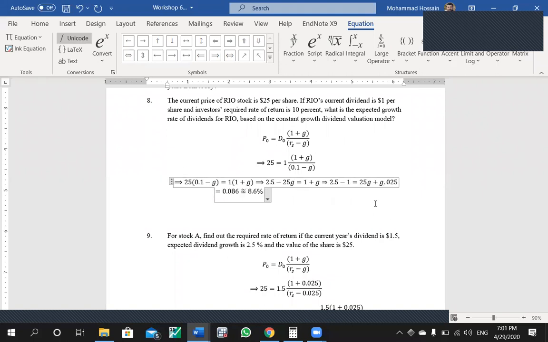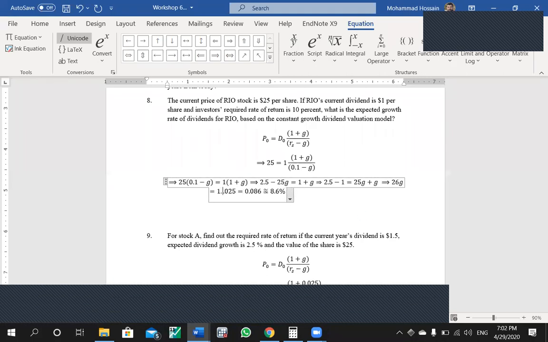So we can say here 1.5 is equal to 26G. So 26G is equal to 1.5.